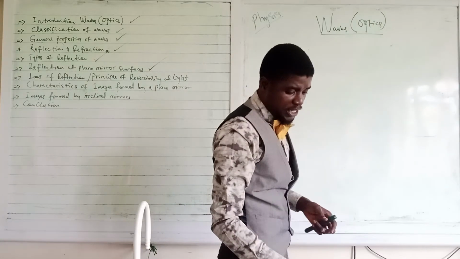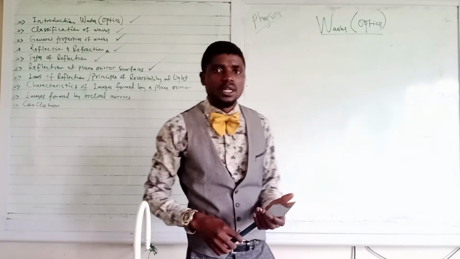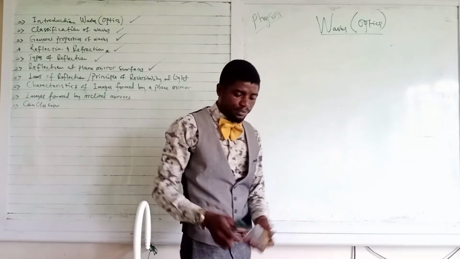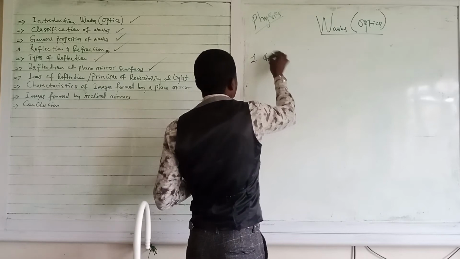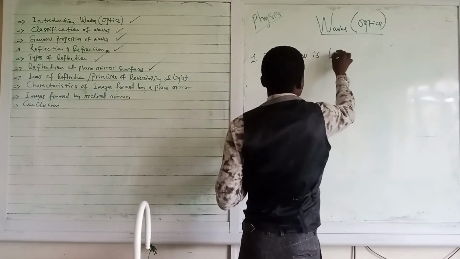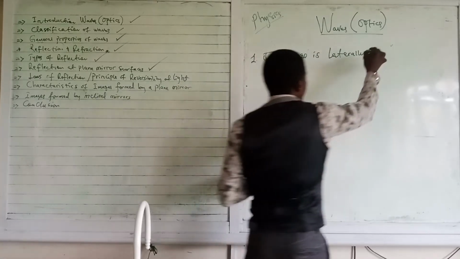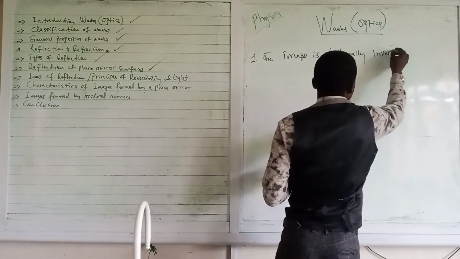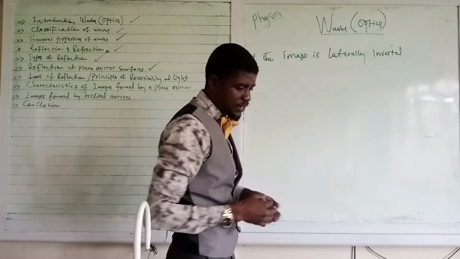The characteristics of the images formed by a plane mirror. 1, we have what is called lateral inversion. The image is laterally inverted.